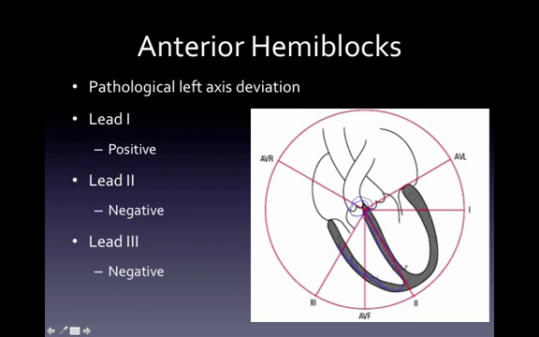You have a left anterior fascicle and a left posterior fascicle. If you have an anterior hemiblock, which would be a block in the anterior fascicle, the electricity that the 12 lead has seen traveling normally down that anterior fascicle now must take a left-hand turn to be conducted. The directional path is what we're seeing here.